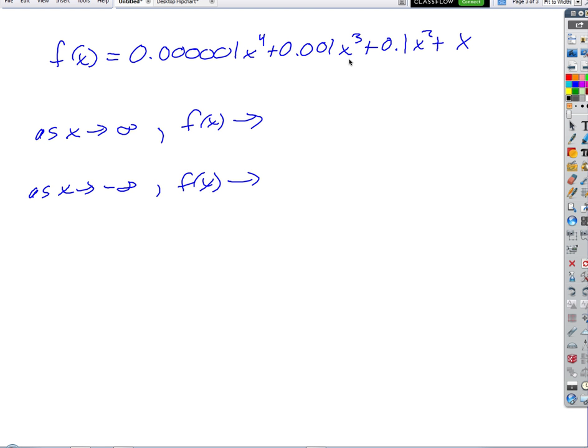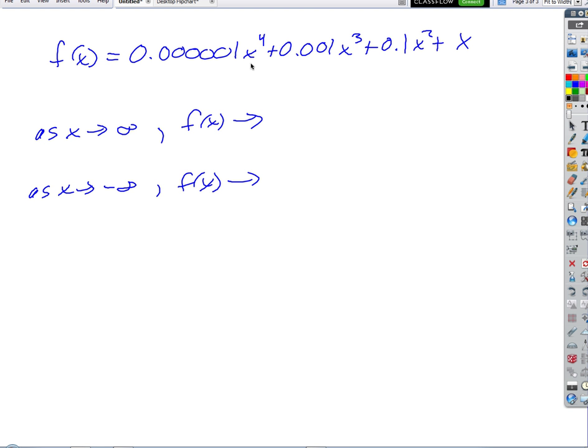And it has to win, because let's think about this for a second. As x approaches either positive or negative infinity, all of these terms are going to get infinitely big, right? But what does x to the fourth mean when compared to, for example, x cubed? X to the fourth is how much bigger than x cubed? X, right? Because you're multiplying x cubed by x.